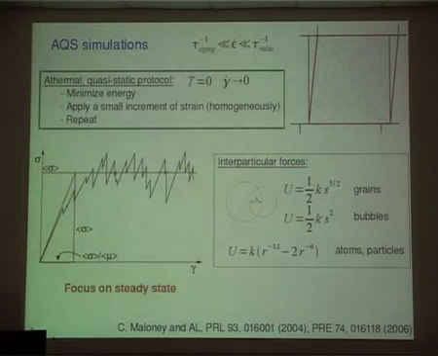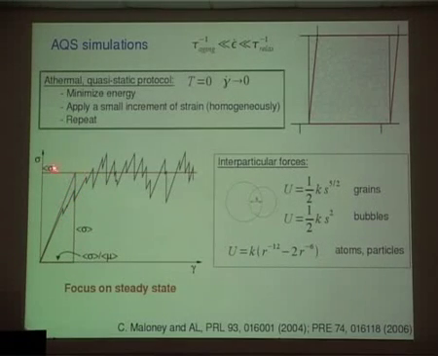When you do this very slow shearing numerically, this type of protocol can be implemented by simply minimizing the energy. You take a system, you minimize its energy, it's residing in a local minimum, you strain a little bit, and you minimize again. If you strain only a little bit, you will follow continuous changes in a local minimum. From time to time, the system will lose stability and reach another minimum.